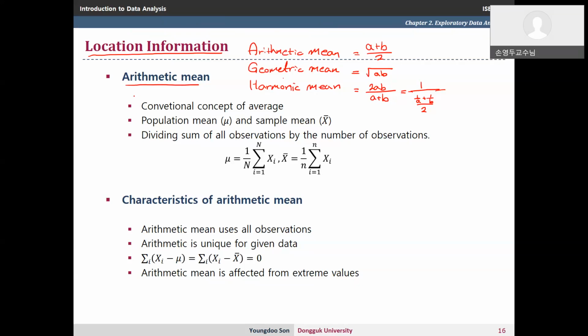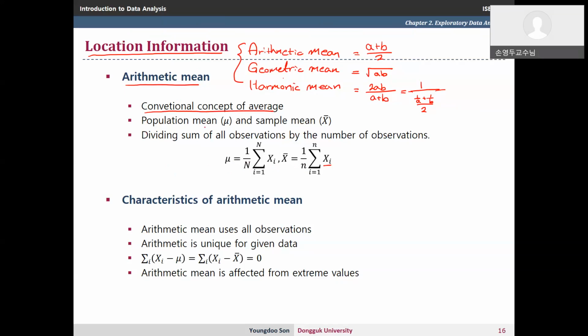These are the definitions of the three means, and here we first see the arithmetic mean as the location information because it is defined as the sum of all the observations divided by the number of observations. This is the very conventional concept of average and very easy to understand.